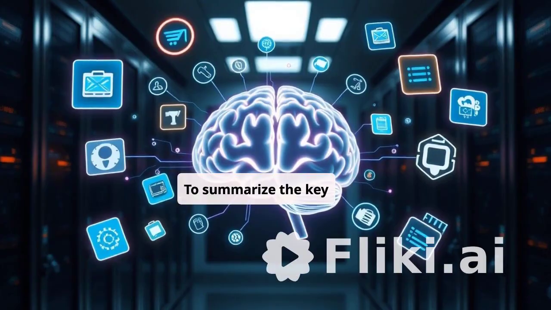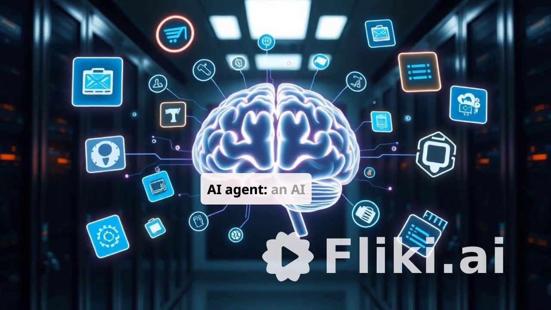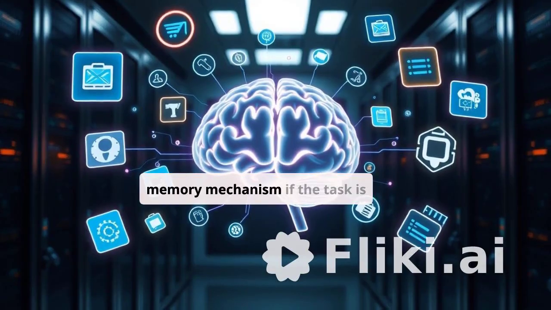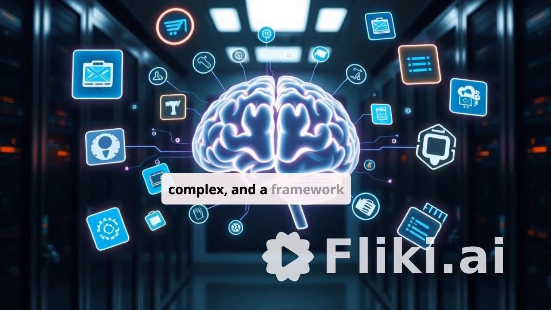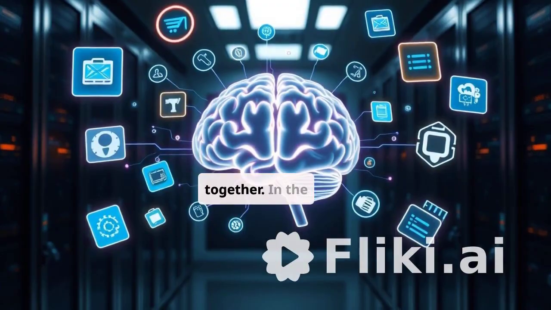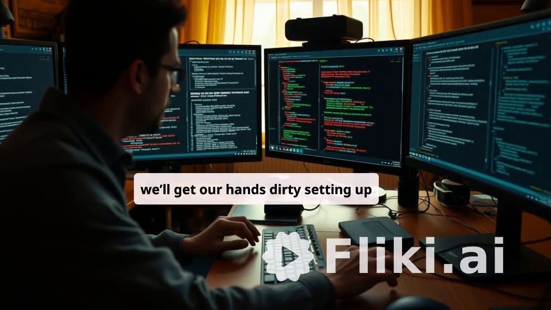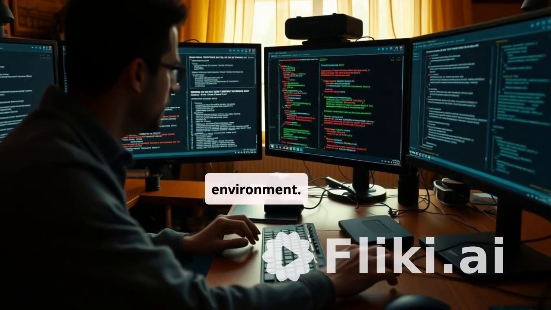To summarize the key components you'll need for building an AI agent: an AI brain, the LLM, some tools for it to use, a memory mechanism if the task is complex, and a framework or logic loop to tie it together. In the next part of this series, we'll get our hands dirty setting up these components in a real environment.